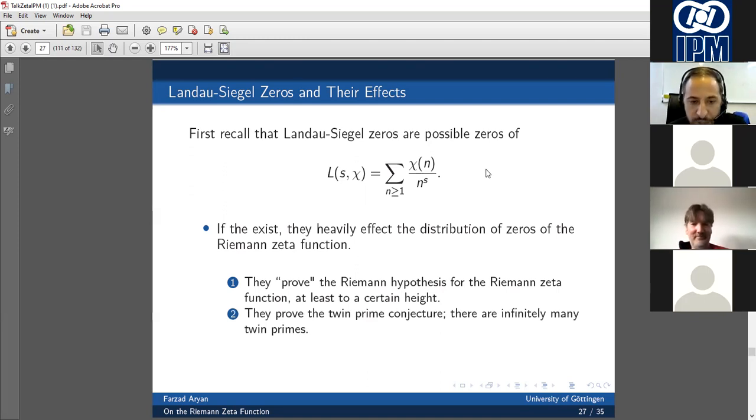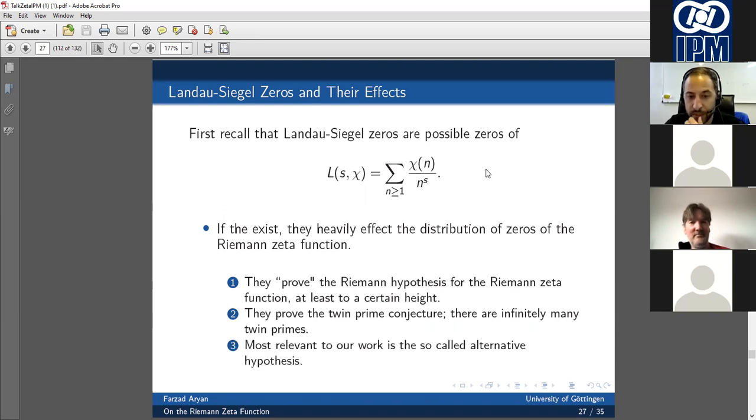Another funny application is that if they exist, they prove the twin prime conjecture. They prove that there are infinitely many primes that differ by 2. These results are first due to Heath-Brown, and then I think a nicer exposition was by Friedlander and Iwaniec.